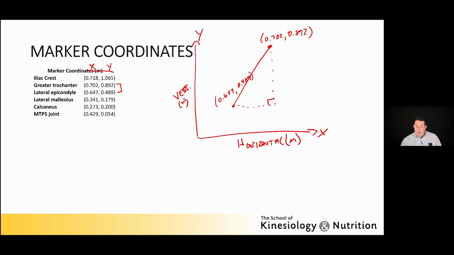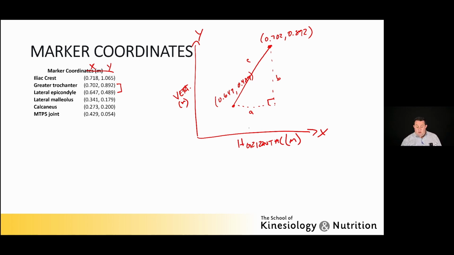Well, if you have sides A, B, and C, and we know that side A is simply the distance between the x coordinates of both of our markers, we can find the length by subtracting the two x coordinates.